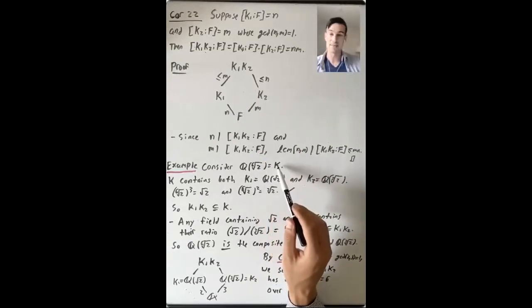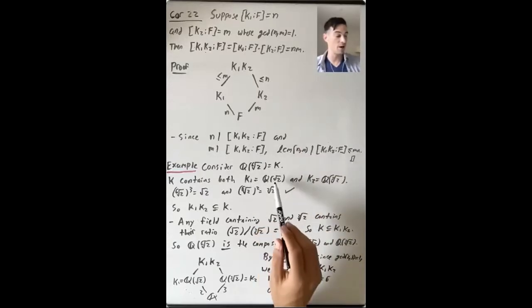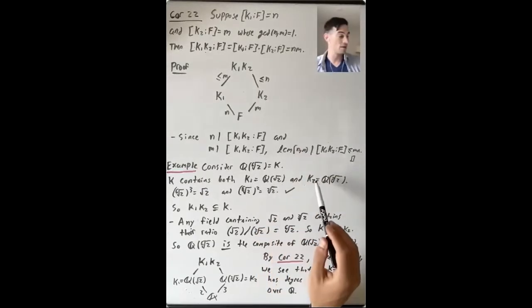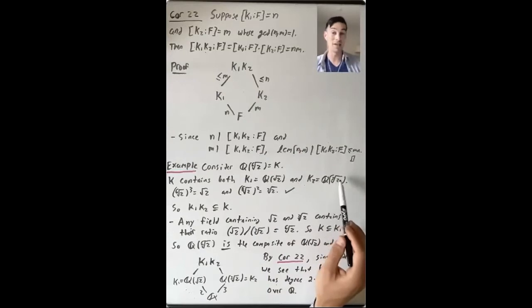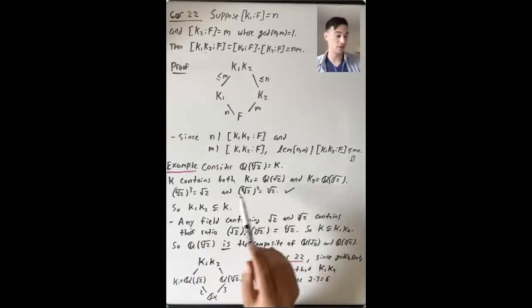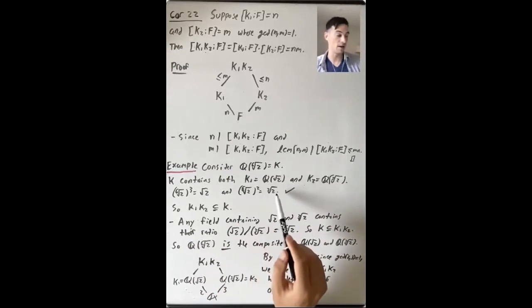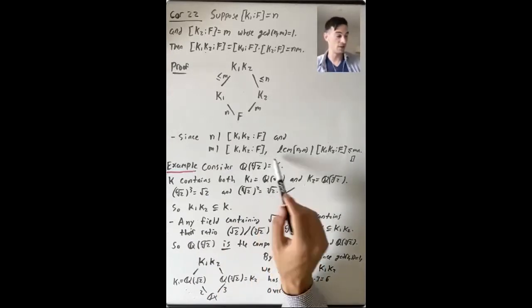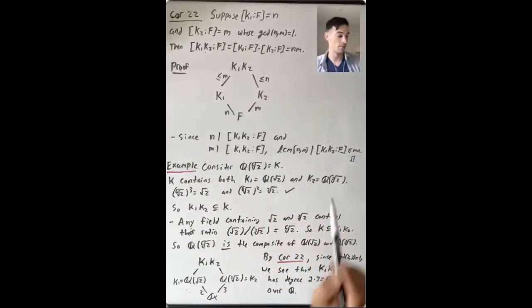Let's call that K. This contains both K1, Q adjoin the square root of 2, and K2, Q adjoin the cube root of 2. So just to check, to be really concrete, why? You take the sixth root of 2 and you cube it, you get the square root of 2. You take the sixth root of 2 and you square it, you get the cube root of 2. So this field clearly contains each of these other two.